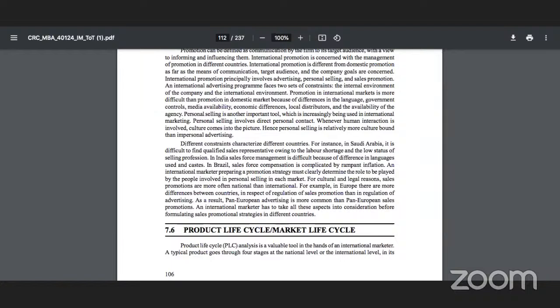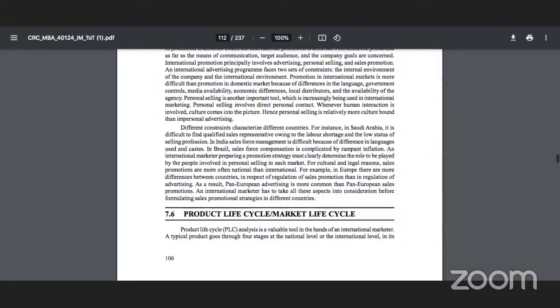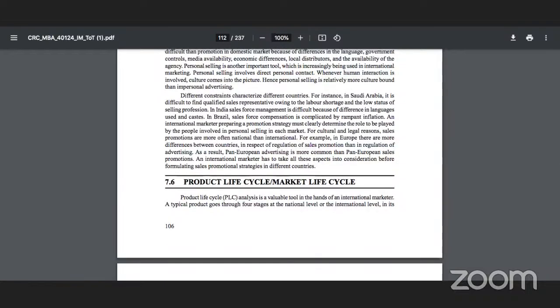Whenever human interaction is involved, culture comes into the picture. This means that personal selling is relatively more culture bound than, say, advertising. So, different constraints characterize different countries.